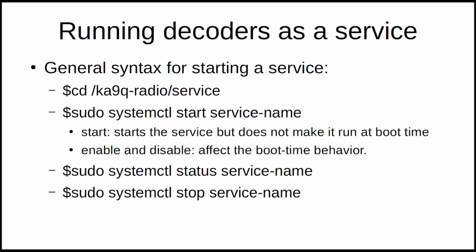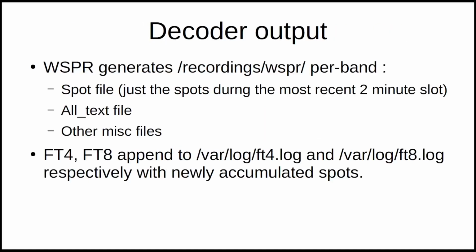Start starts a service, but it does not make it run at boot time. To make a service run at boot time, you'll use the enable and disable commands, which affect the boot time behavior. You can use sudo systemctl status and the service name, and sudo systemctl stop and the service name. Status will tell you the status of the service, and stop will stop the service.